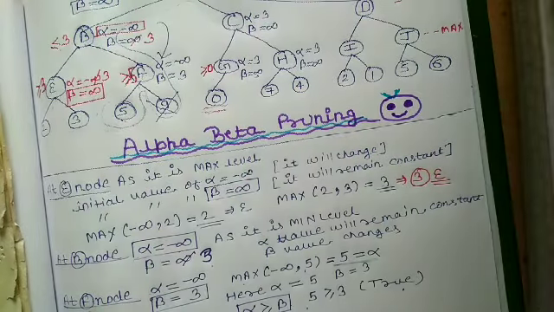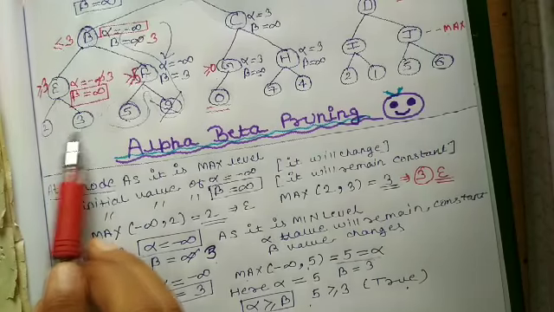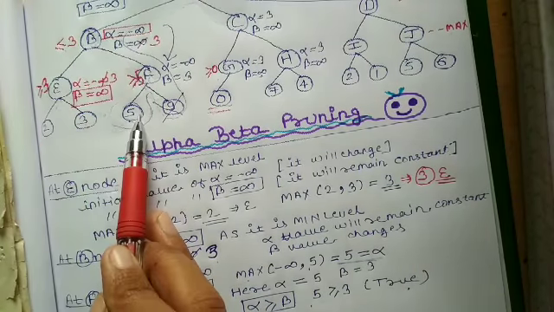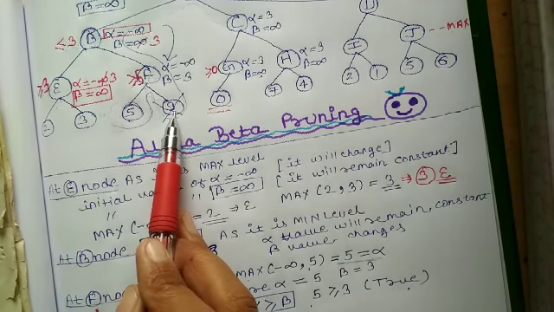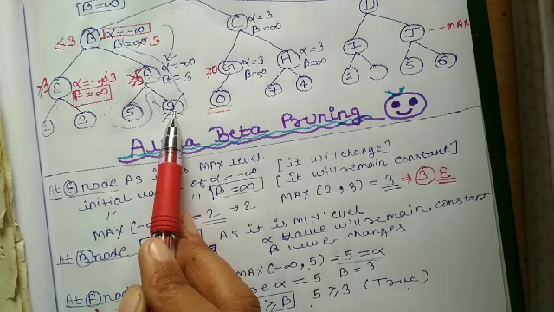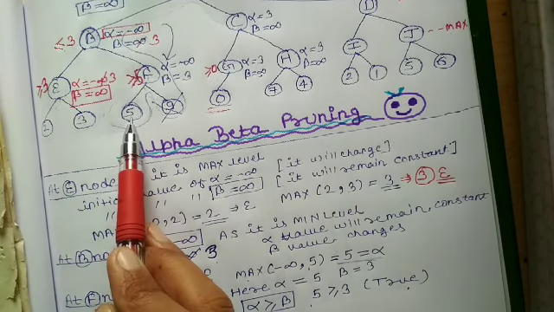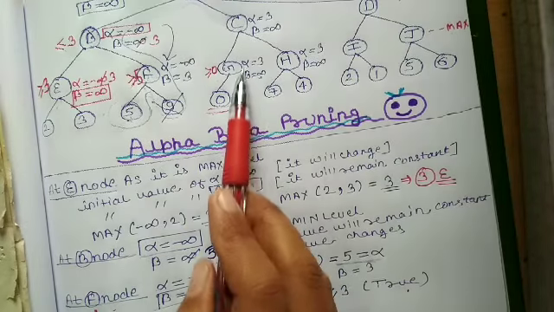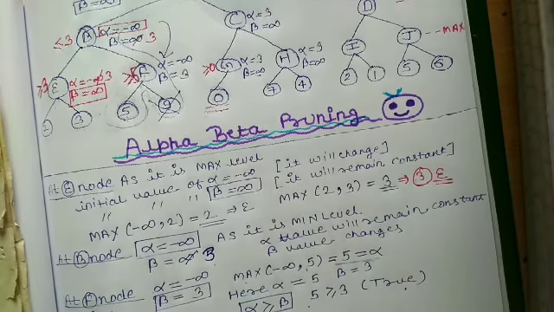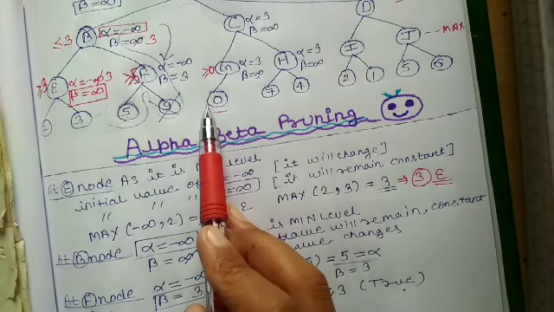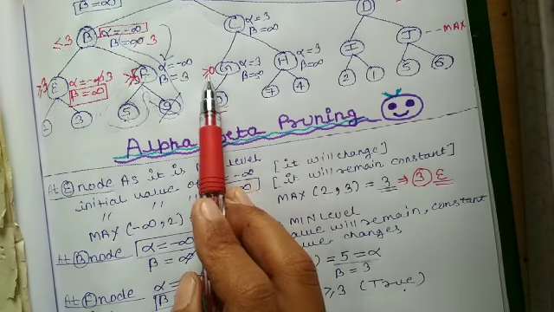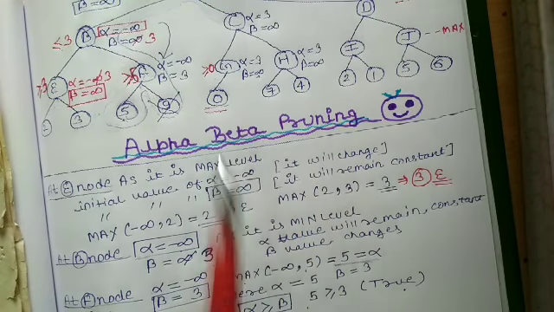This node value will become 0. Here we have taken the maximum among these two. Here we are not exploring this because alpha is greater than or equal to beta in this case. So we will take this value. Here we are also checking alpha, beta values, and in this case G value will become 0 only. It has no other child.